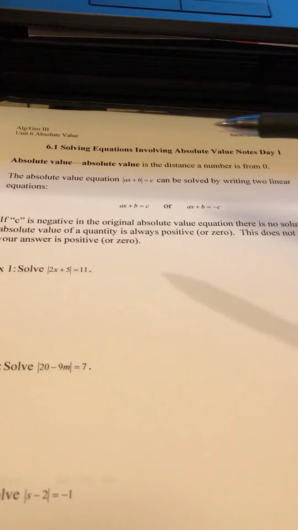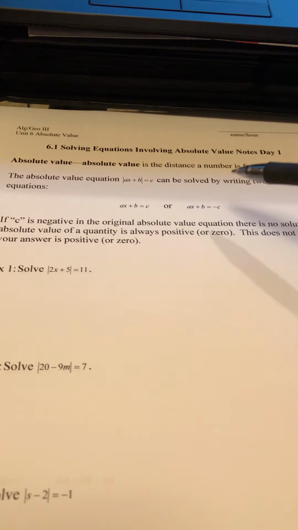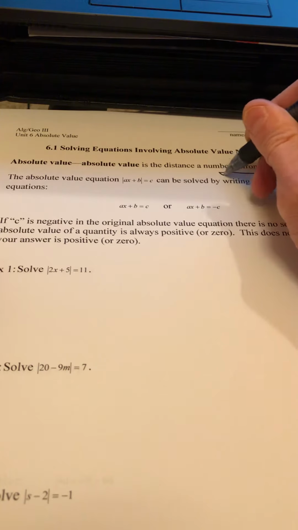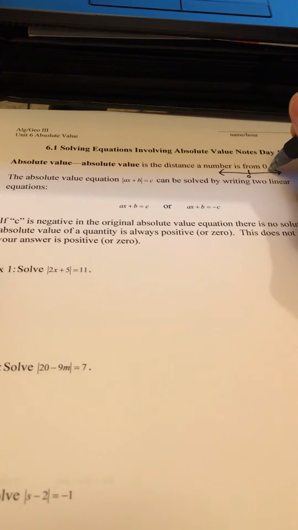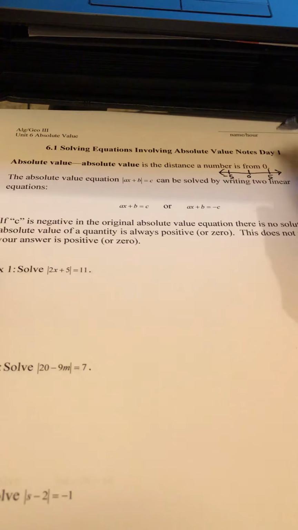But for starters, absolute value, the definition for that is it's the distance a number is from zero. And one of the ways I always like to represent that is if you have a number line, and we put 0 on our number line, if I put 5 and -5.